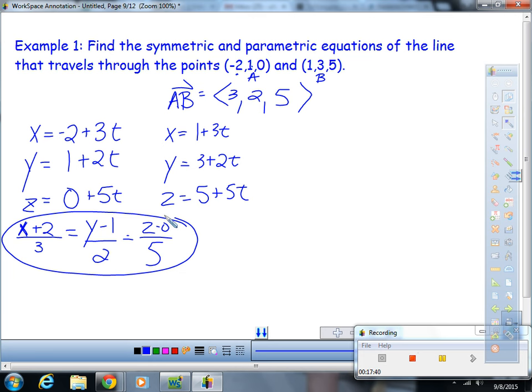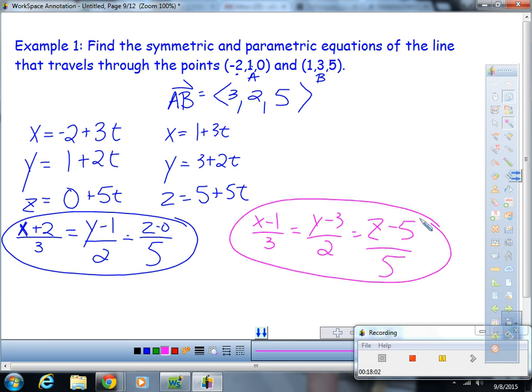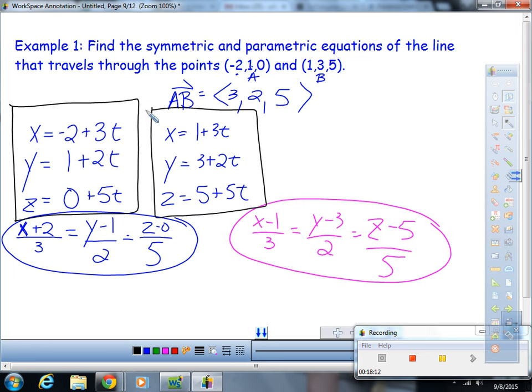But you can have another correct symmetric equation, and that could be x minus 1 over 3 equals y minus 3 over 2 equals z minus 5 over 5. And believe it or not, both of these 2 circles and both of these 2 boxes both represent the same line in space. Okay? Don't let that freak you out, because you've already been through that before in 2 dimensions.